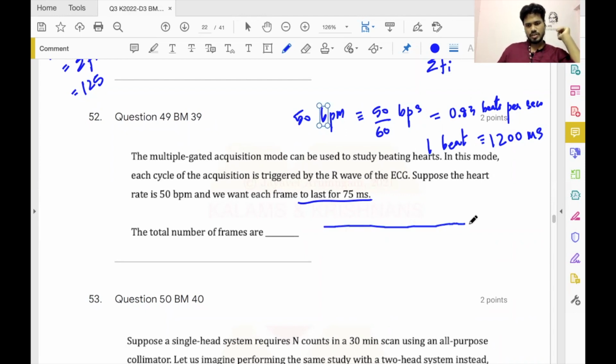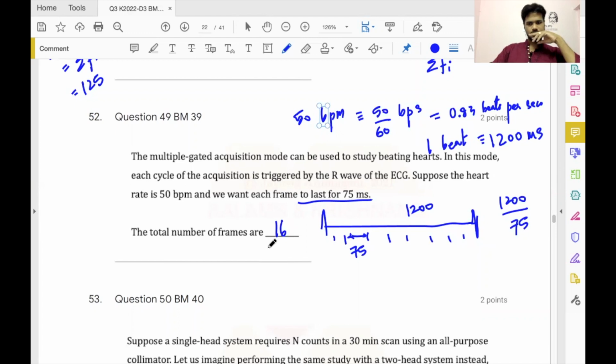So our total length from R wave to R wave is 1200 milliseconds, and one frame will be 75 milliseconds. How many such frames can be there in this length? All these numbers are carefully chosen such that we have an integer here: 1200 by 75, which is 16. Be very convenient with all these calculations.